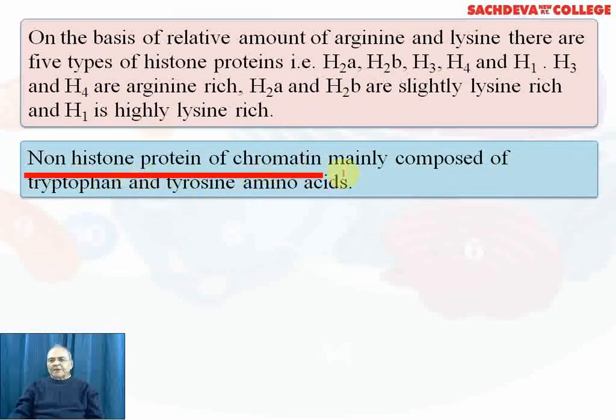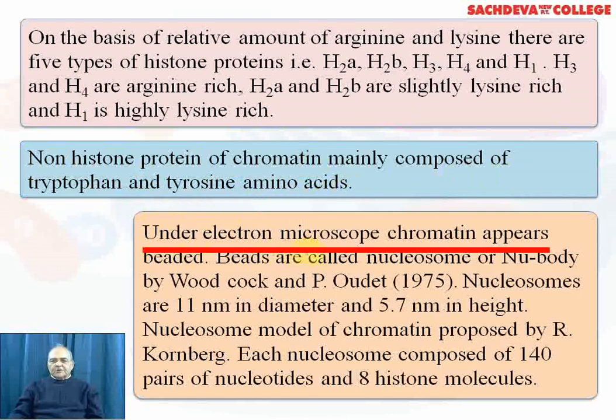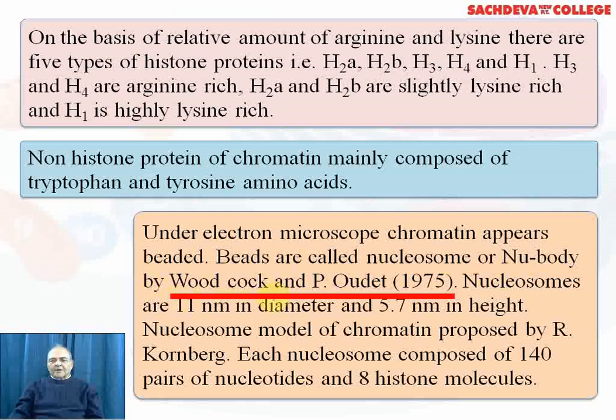Non-histone protein of chromatin is mainly composed of tryptophan and tyrosine amino acids. Under the electron microscope, chromatin appears beaded. Beads are called nucleosomes or nu bodies by Woodcock and Olins in 1975. Nucleosomes are 11 nanometers in diameter and 5.7 nanometers in height.